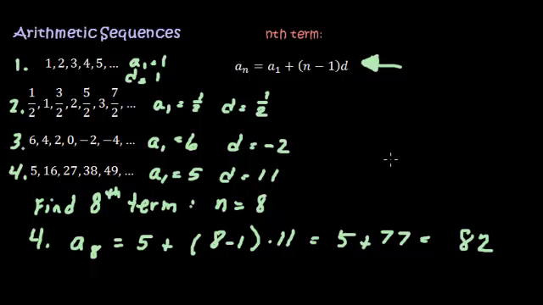But it is handy if they ask you to find some term way on out there in the far distance. All right, next thing we're going to do is find the sum of terms, and I'll once again have to know a1, d, and n in order to get this sum of terms. So we'll talk about what that is.